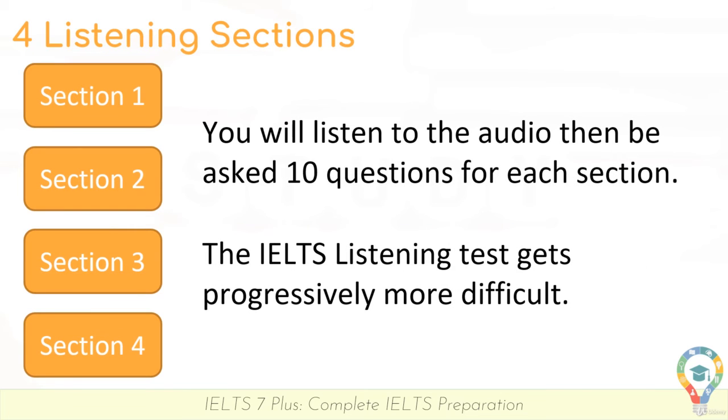So you will listen to the audio and then be asked 10 questions for each section, but you will be able to see these questions whilst listening. The IELTS listening test does get progressively more difficult from the first to the last question. It's probably important that you're aware of this so that you don't lose confidence if you can't quite get the answers later in the listening test, although I'm sure with practice you can do this.